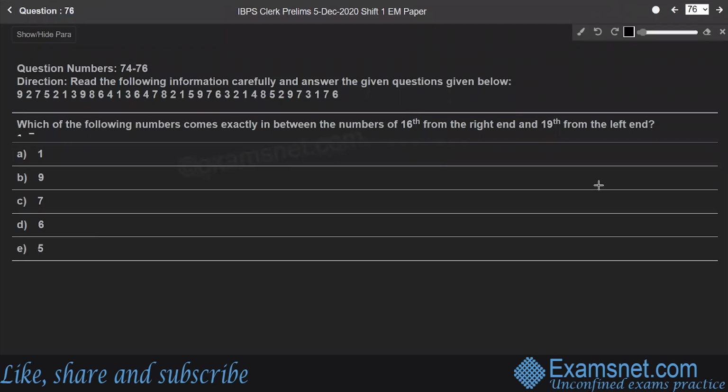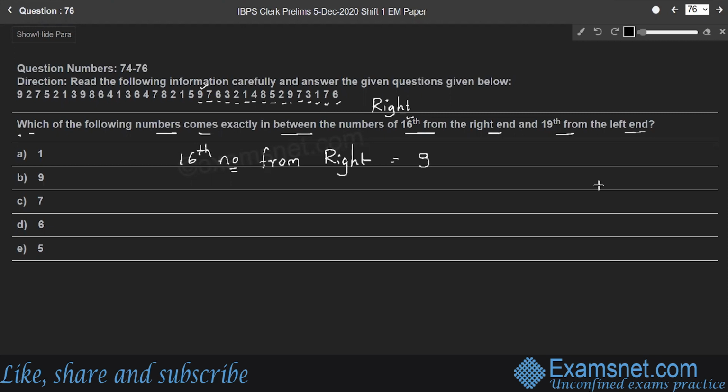Question 76. Which of the following numbers comes exactly in between the 16th number from the right end and the 19th number from the left end? Counting 1 to 16 from the right end, 9 is the 16th number.